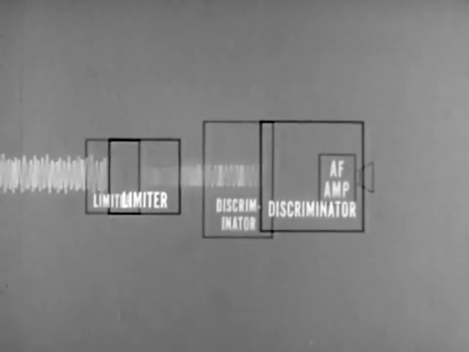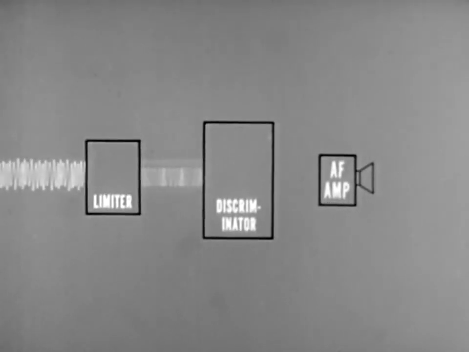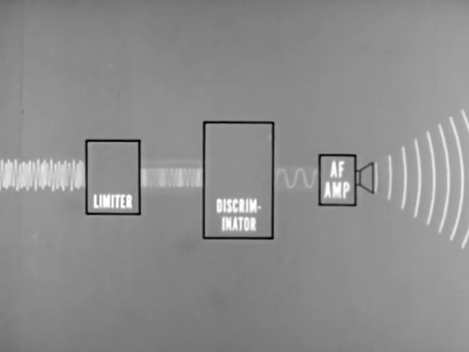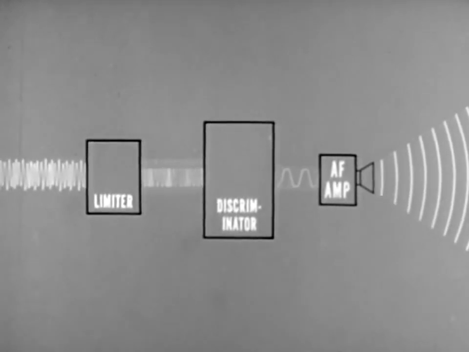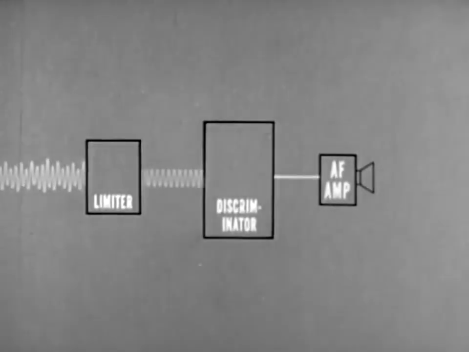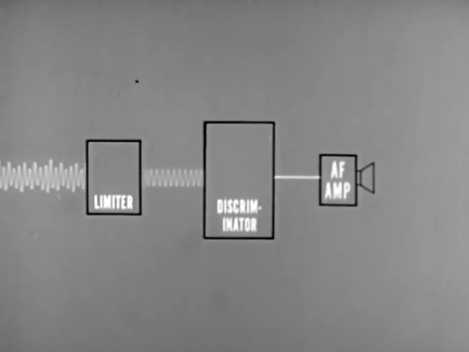You might say that the discriminator in FM is the rough equivalent of the detector in an AM receiver. Feed the frequency modulated carrier into the discriminator, and its output will be an audio frequency voltage. Feed it an RF signal with constant frequency, and there will be no output signal.